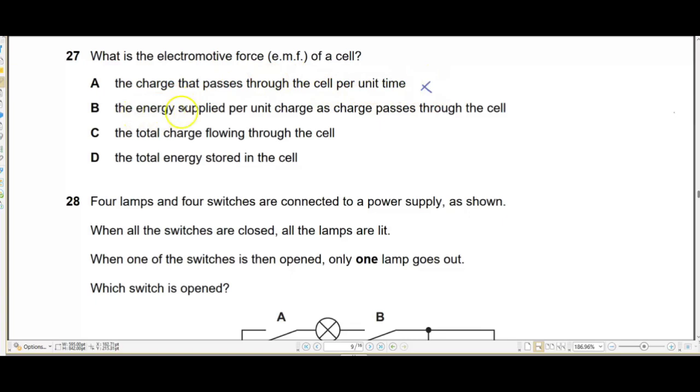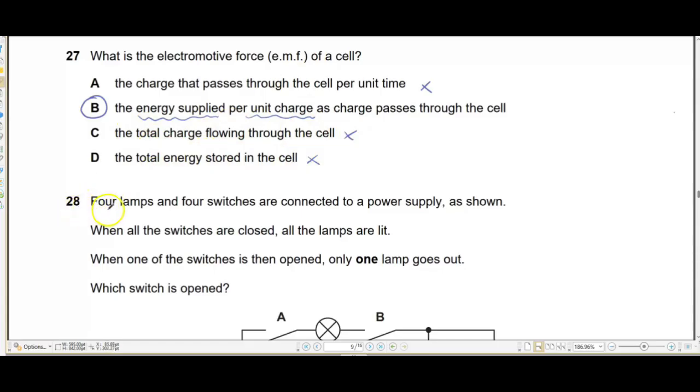It's the energy supplied per unit charge as the charge passes through the cell. So the energy supplied per unit charge is very important. So B is our correct answer. The total charge flowing through the cell is not EMF. Total energy stored in the cell is also not EMF.